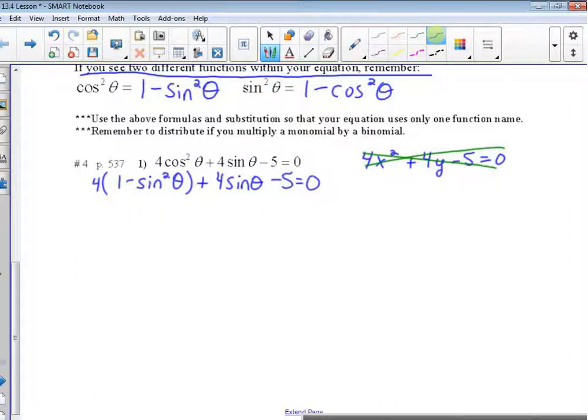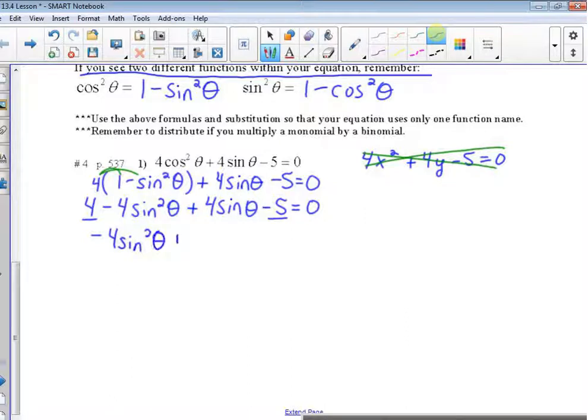Now we're going to have to do some distributing. 4 times 1 and 4 times sine squared. So we'd get 4 minus 4 sine squared plus 4 sine minus 5 equals 0. And then if we combine some like terms, we'd have negative 4 sine squared theta plus 4 sine theta minus 1 equals 0.